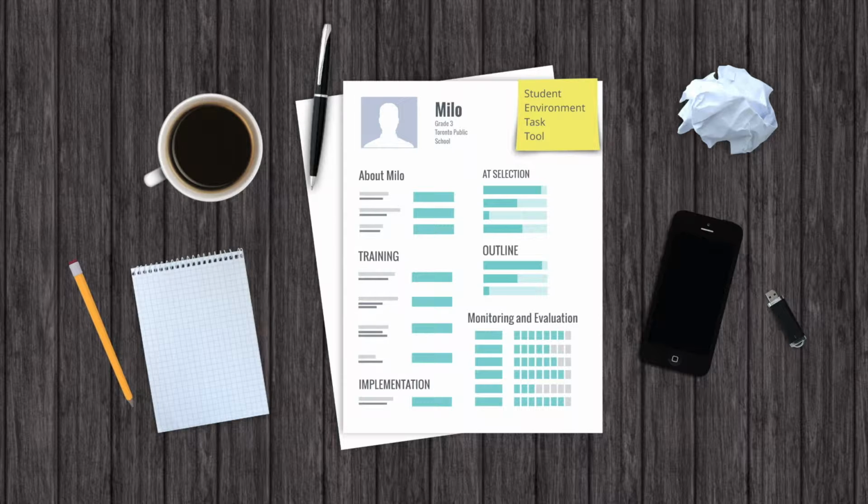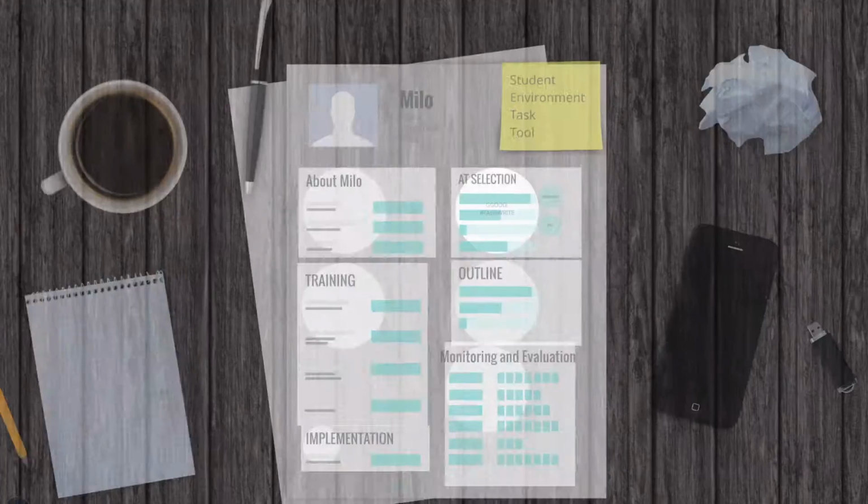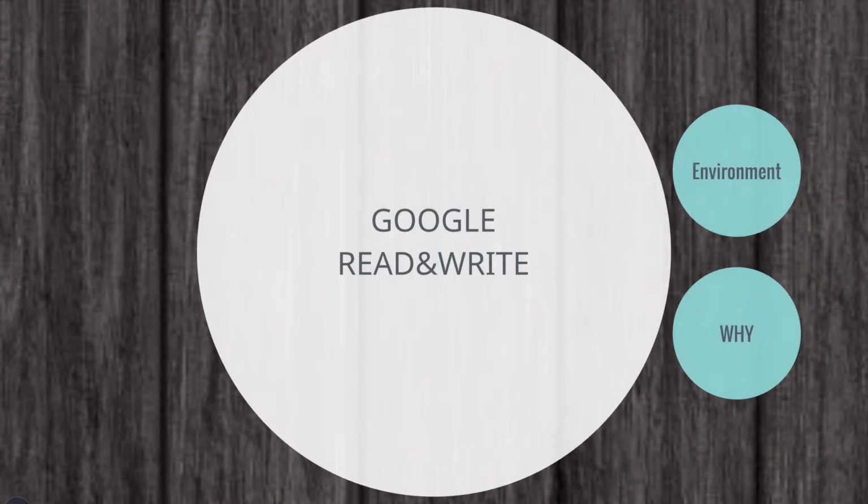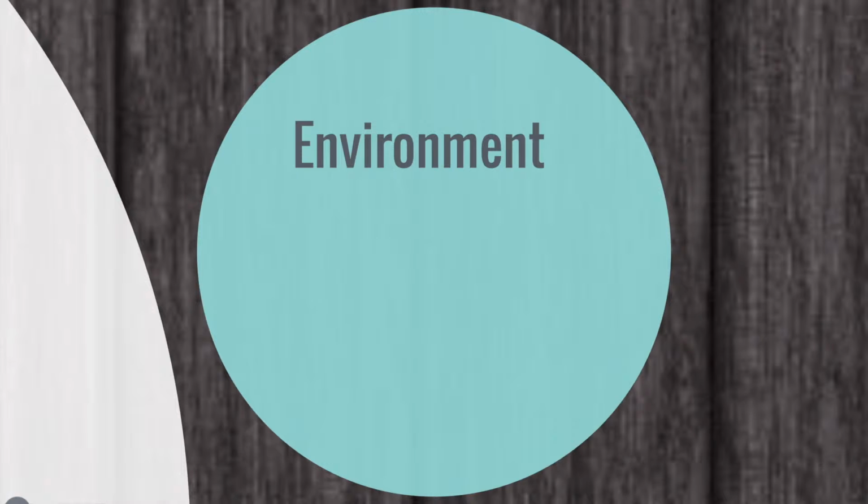Through examining learning profiles, we are able to determine the route we should take and what we should focus on when choosing an AT. For Milo, we have chosen to implement Google Read and Write to increase his writing output, and here's why. As a part of the SET framework, it is also necessary to look at the environment that the student is in.